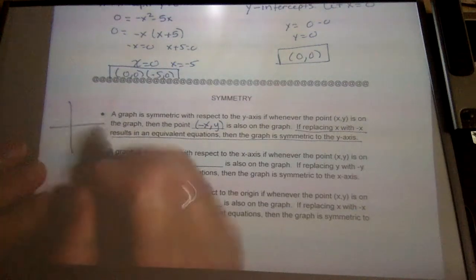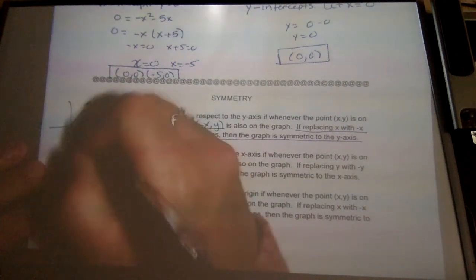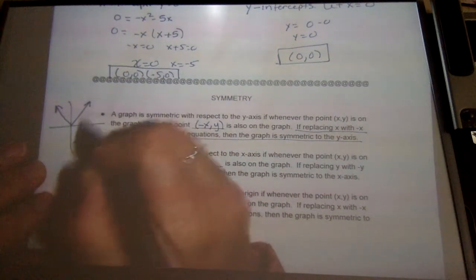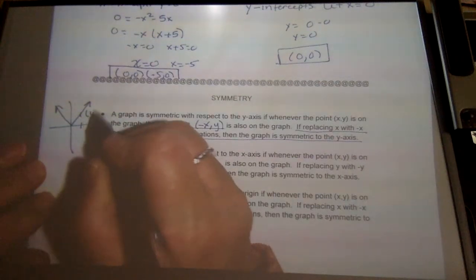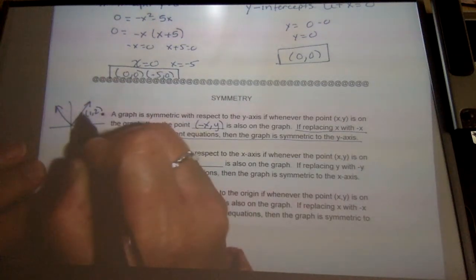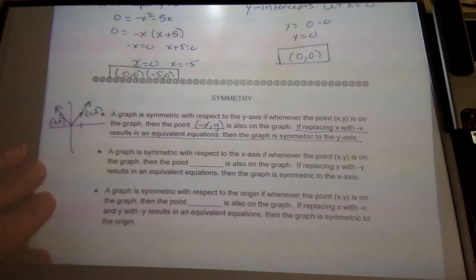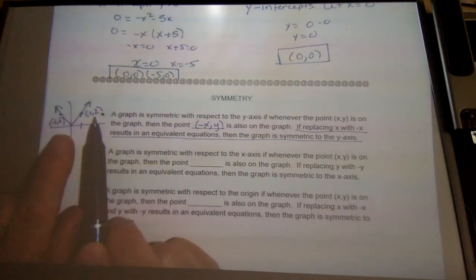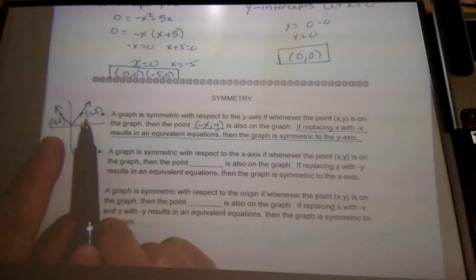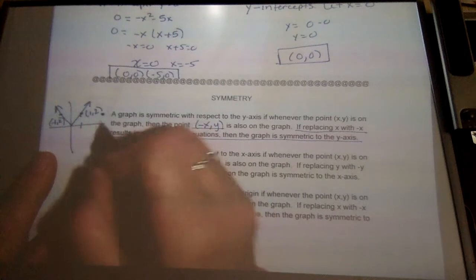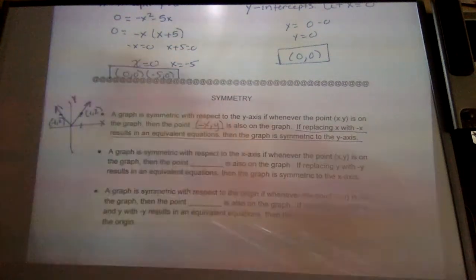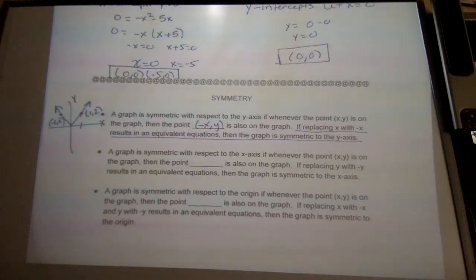An example, if this is 1, 2, this one over here is negative 1, 2. As you can see, the y values didn't change. The x values are opposite. If I fold along the y-axis, it's going to match up, so I have symmetry with respect to the y.